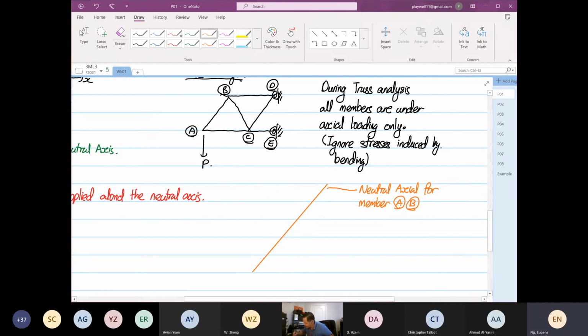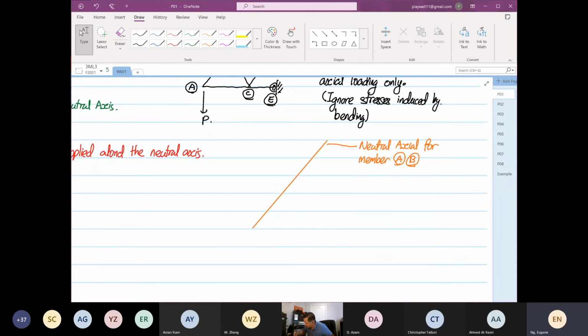And we realize that we have a load P. So this is our point A, right? And at point A, we have a certain load coming down in P.